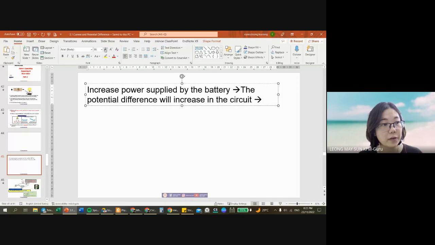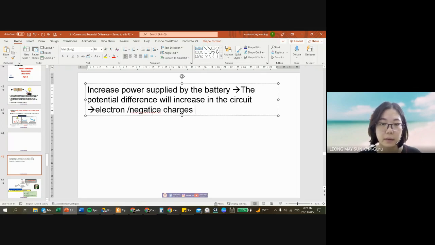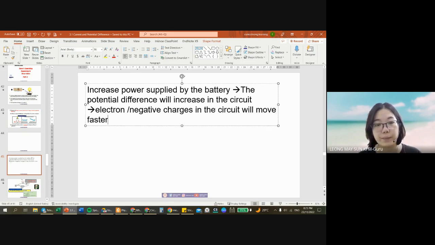When the potential difference increases, the electrons or the negative charges in the circuit will move faster.